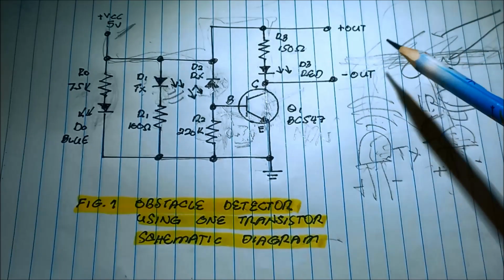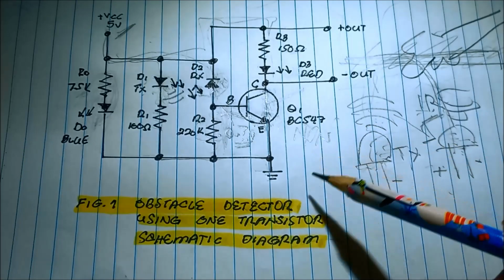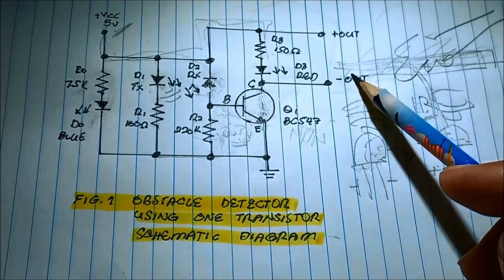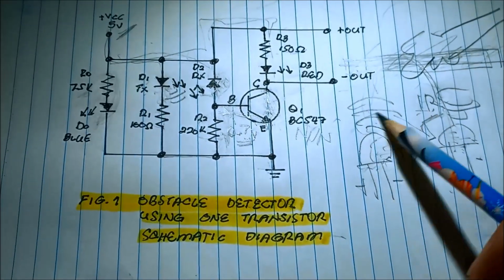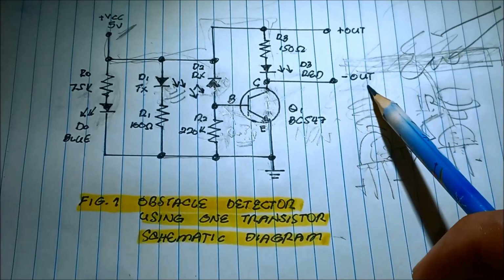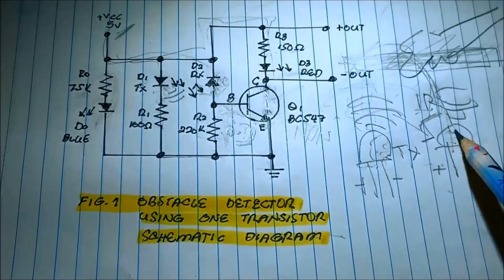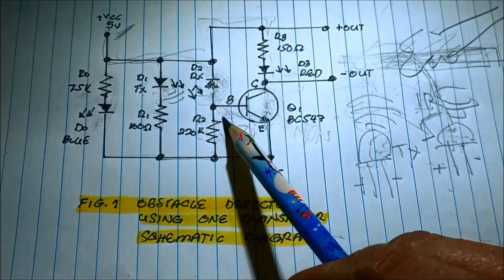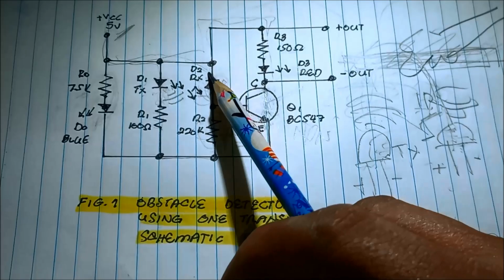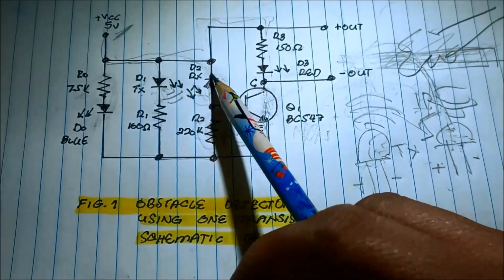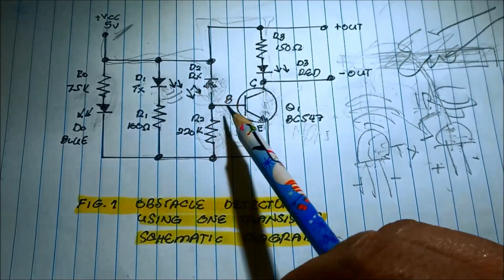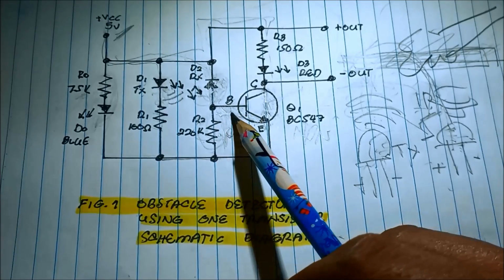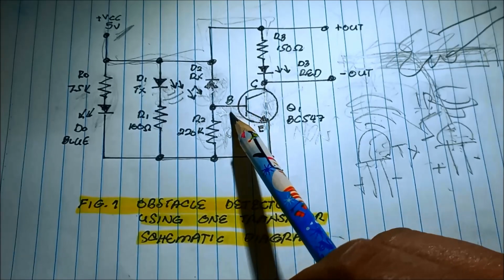So that is the principle of the obstacle detector. Whenever there is an obstacle, the signal bounces back to the receiver and is received by the receiver, causing a voltage to develop across the receiver and then the transistor. Since there is a current that flows into the two components, a minimal or negligible current also flows into the base of this transistor.